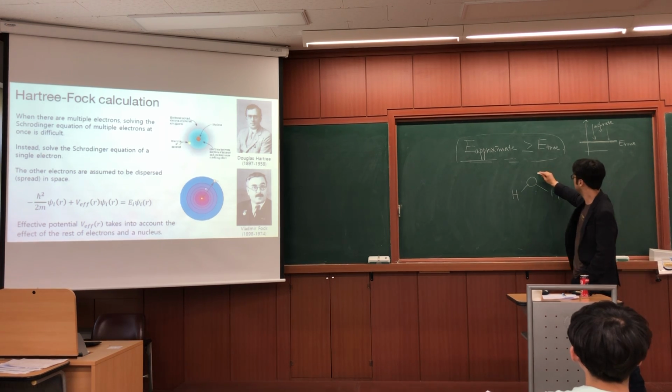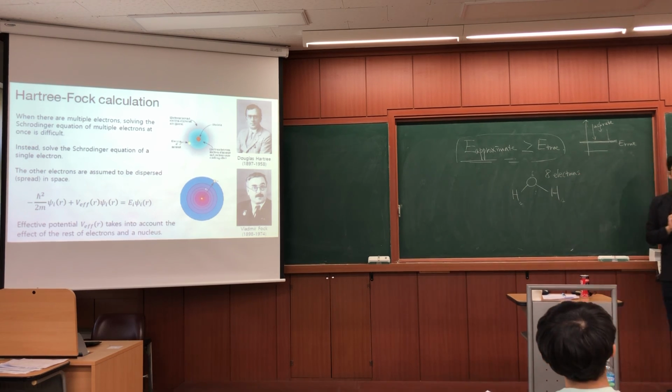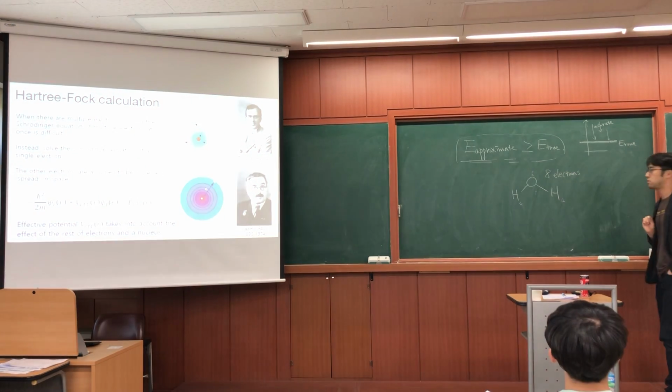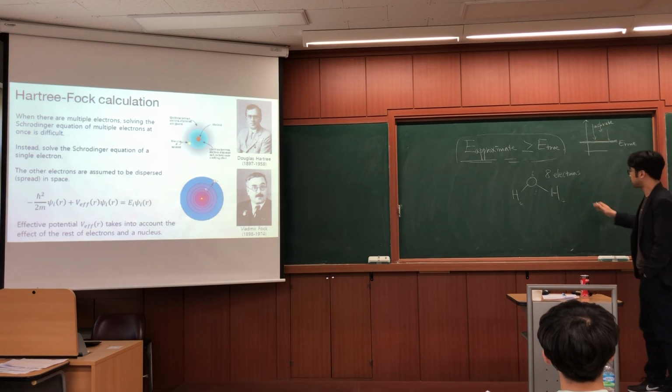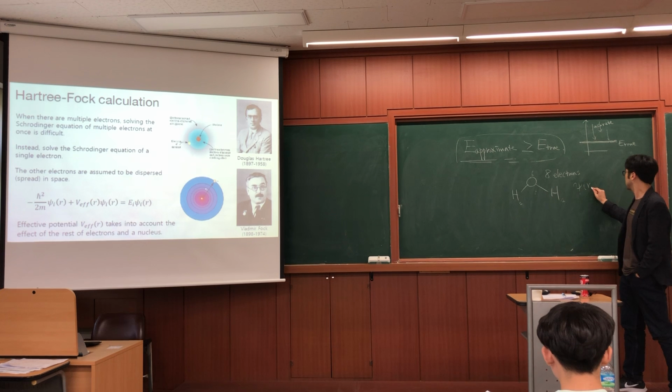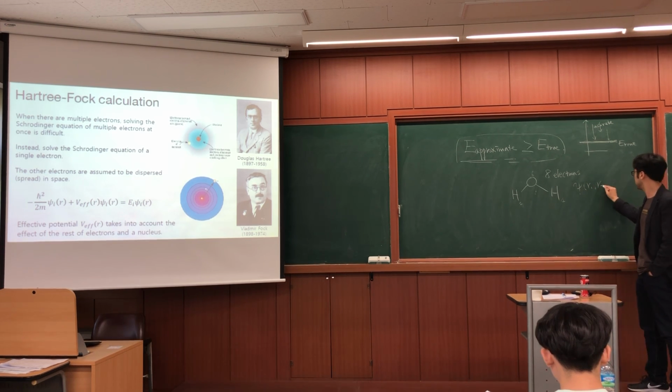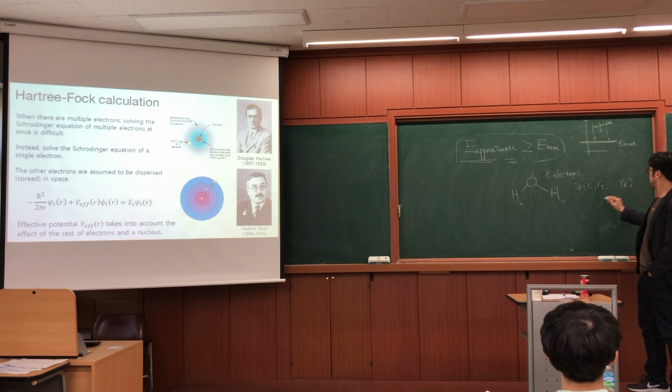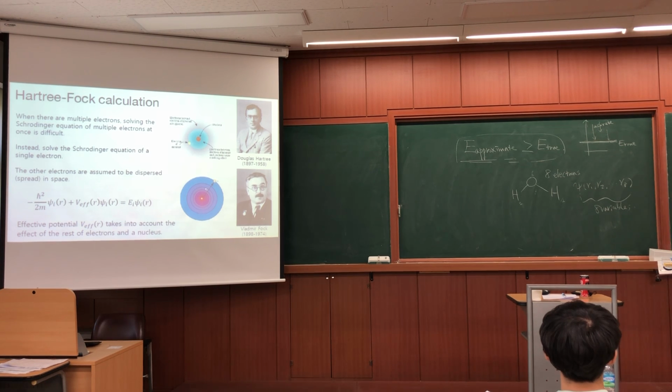This one has 6 electrons, and this one has 1 and 1, so there are 8 electrons in total, right? In principle, we have to solve the equation of 8 variables, but this is too hard to solve.